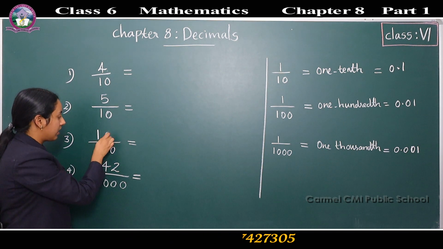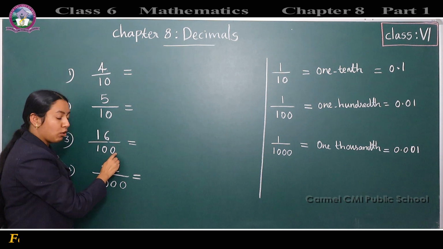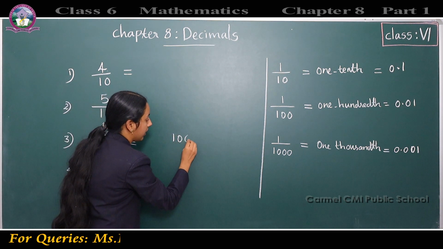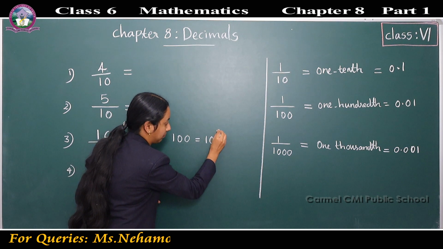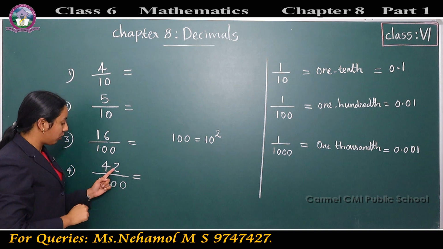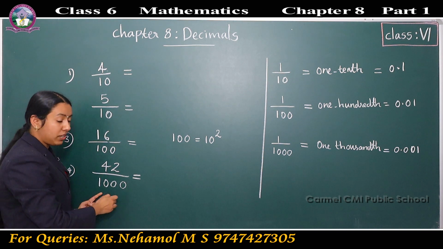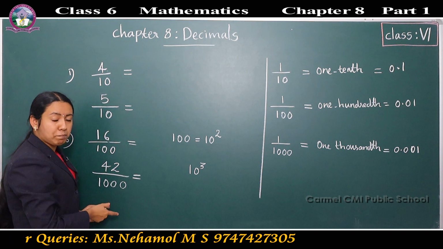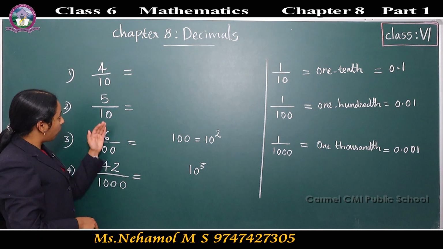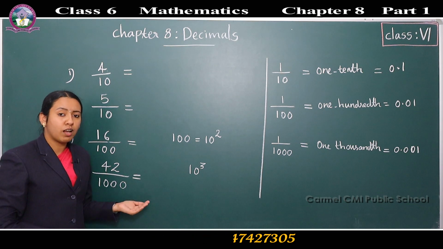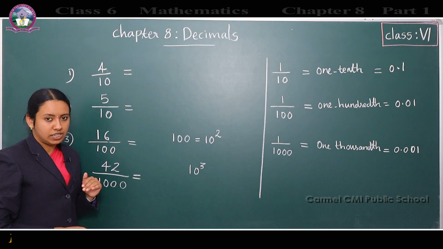Next one 16 by 100. The denominator is 100, and 100 is the same as 10 square, a power of 10. Next one 42 by 1000. 1000 means 10 raised to 3. It is also a power of 10. So all these fractions have denominator as 10 or powers of 10.